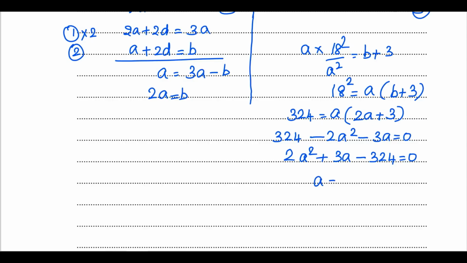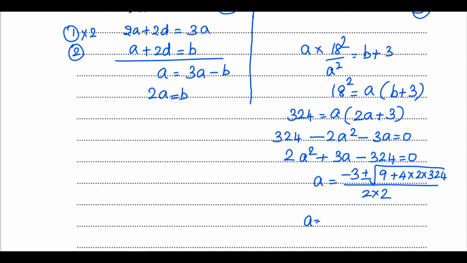So A is equal to minus 3 plus or minus the square root of 9 minus 4 multiplied by 2 multiplied by negative 324, so this will become positive, divided by 2 multiplied by 2.